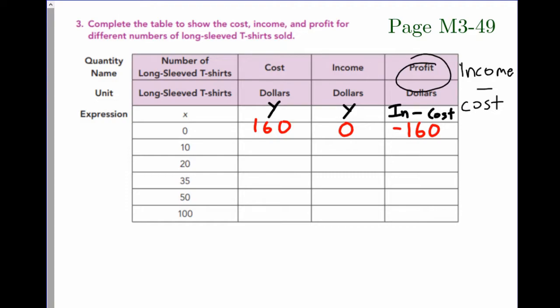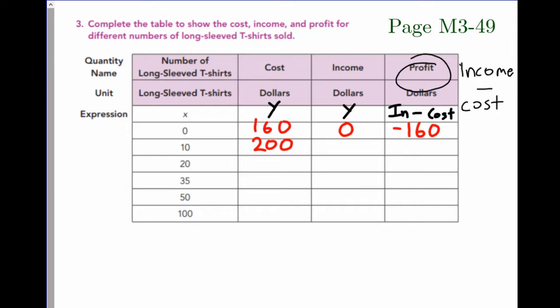Okay, so now if we go to the cost of making 10 shirts. Well, the cost of making 10 shirts is our starting fee of $160 plus $4 per shirt. If we're making 10 shirts, 10 times 4 is $40, plus 160 gives us a cost of $200.